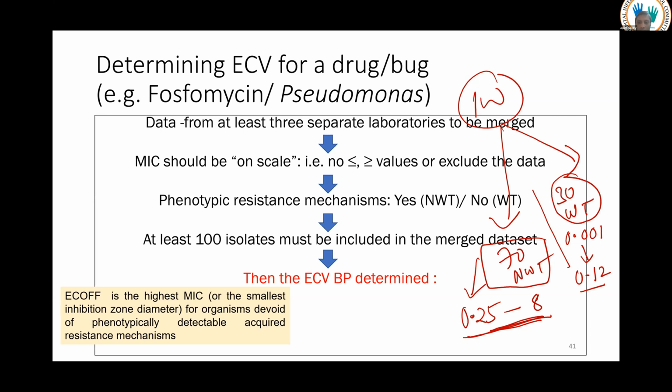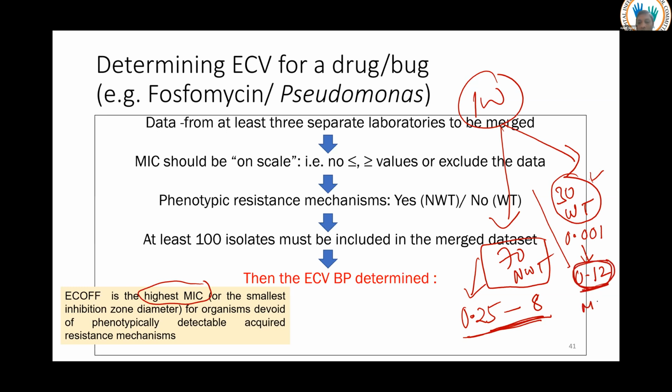So then what is the ECOF breakpoint here? It is the highest MIC of the organism which is devoid of any resistance mechanism, that is, the highest MIC of the wild type strains. In this example, it will become 0.12.